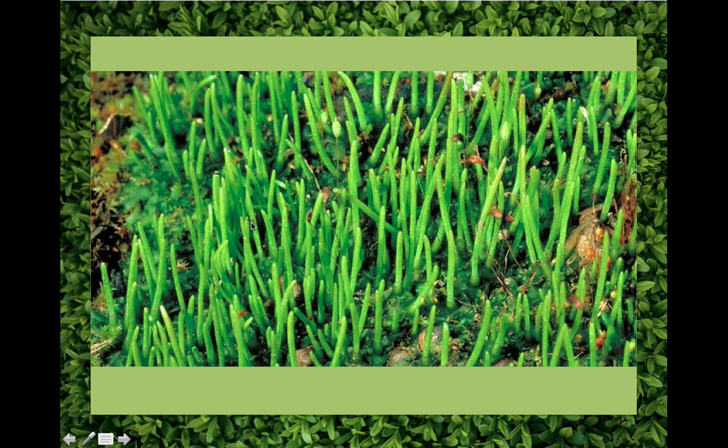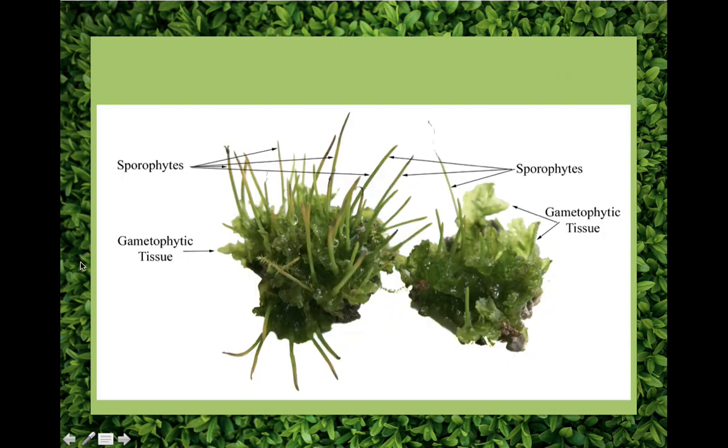The gametophytes of these hornworts. Here in isolation you can see the sporophytes growing out of the gametophyte tissue. Here it looks like a bunch of chewed up lettuce or something. Not much of a body plan to their body plan.